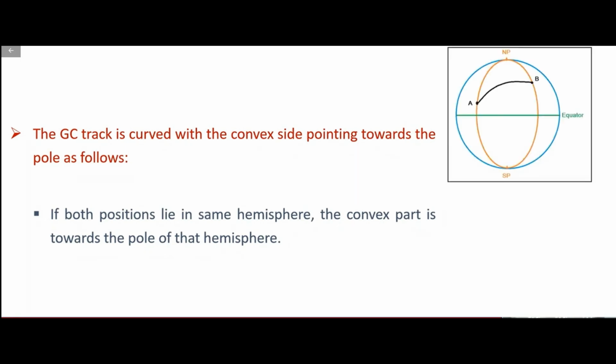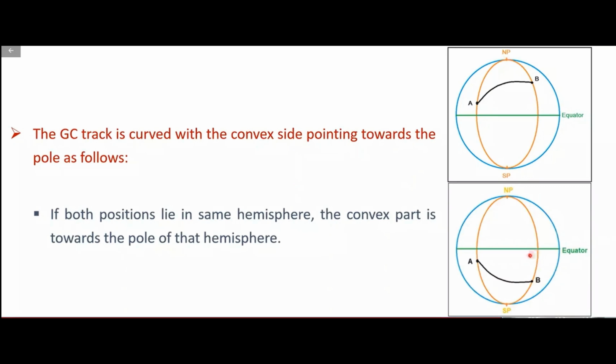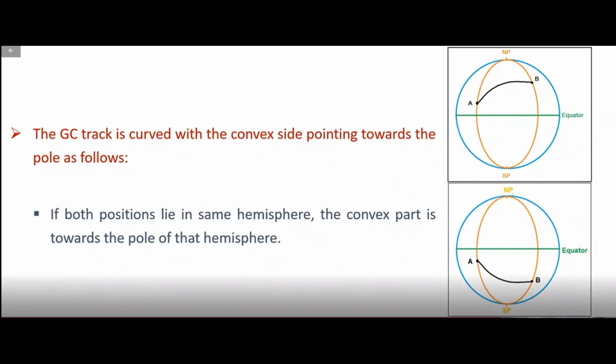For example, in this diagram, if A and B lie in the northern hemisphere, the great circle track between them will have its convex part pointing towards the North Pole. You can see the other diagram here. If A and B both lie in the southern hemisphere, then the great circle track shall have its convex part curved towards the South Pole.